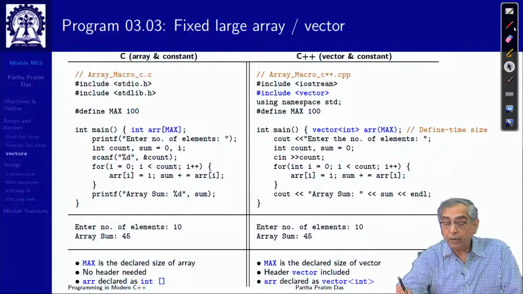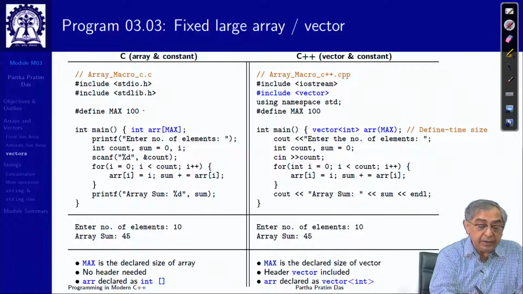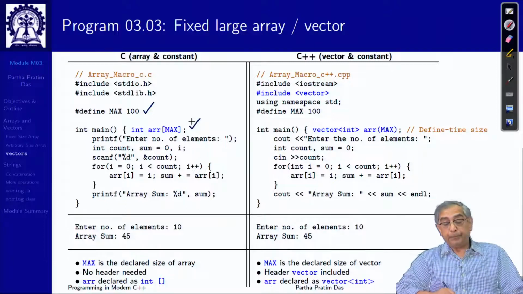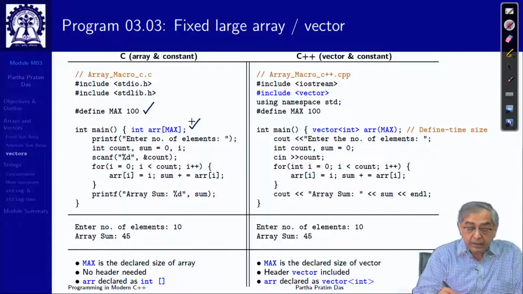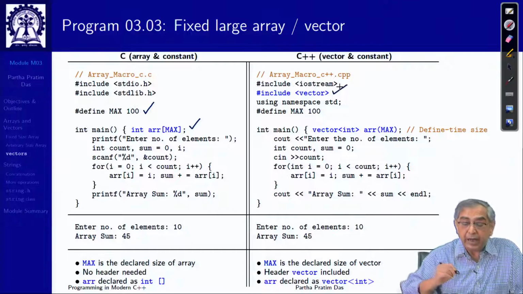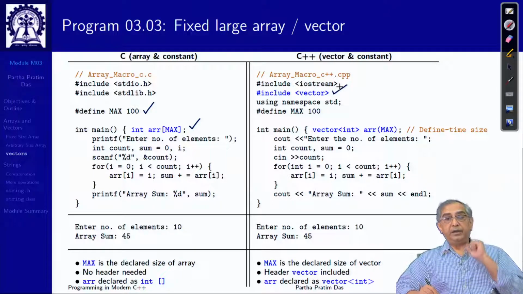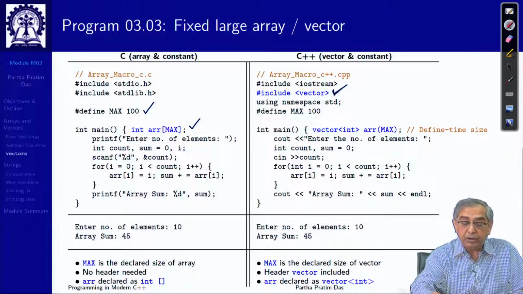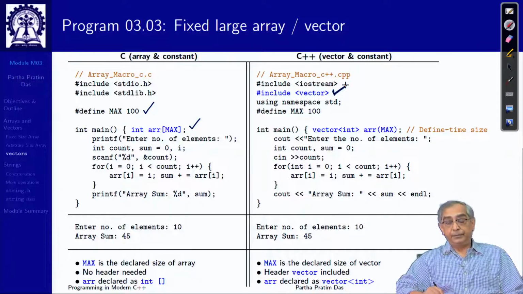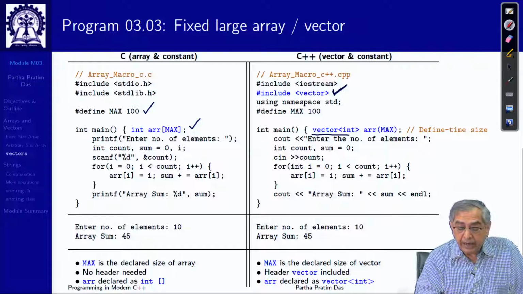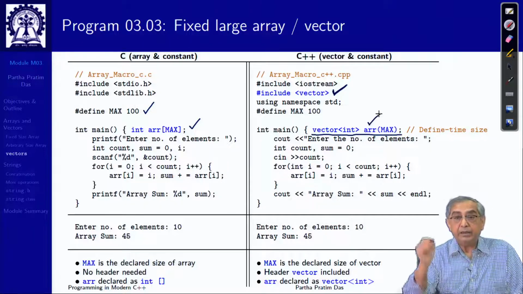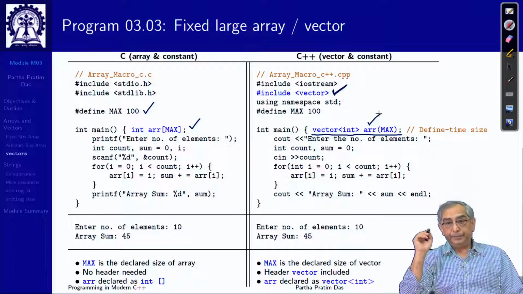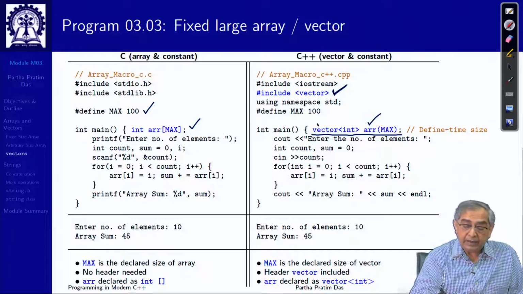Okay. So, now in C you have this manifest constant and this. In C++, what I do is I include a new thing called vector. Vector is a type defined in the library, not in the language, but in the library. Therefore, I need to include the library component vector. Then I write this, where ARR is the name of the array. Vector is what I want.